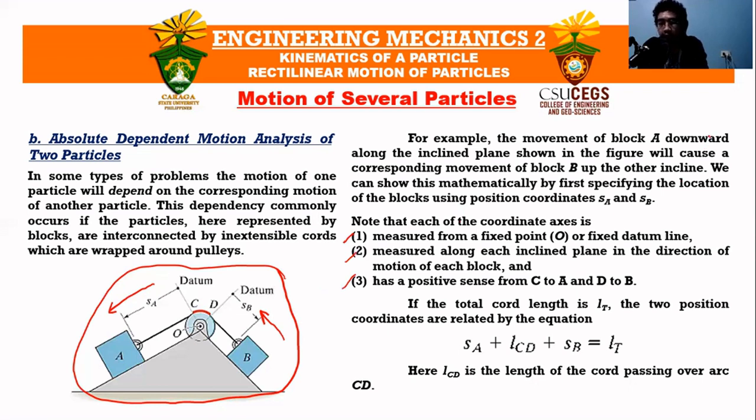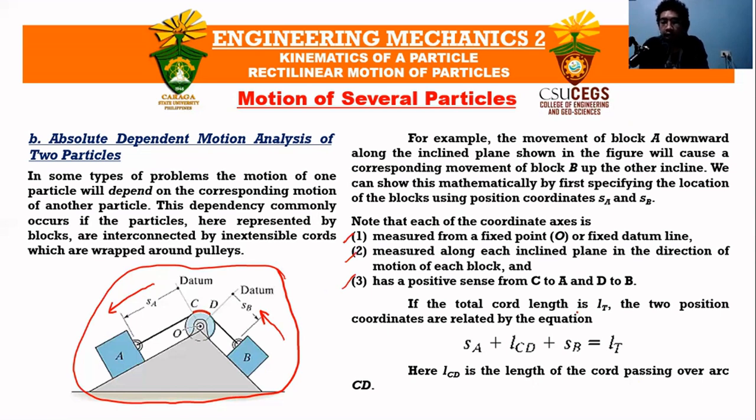If the total cord length is LT, connected from block A to block B, the two position coordinates are related by the equation SA plus LCD plus SB is equal to LT.